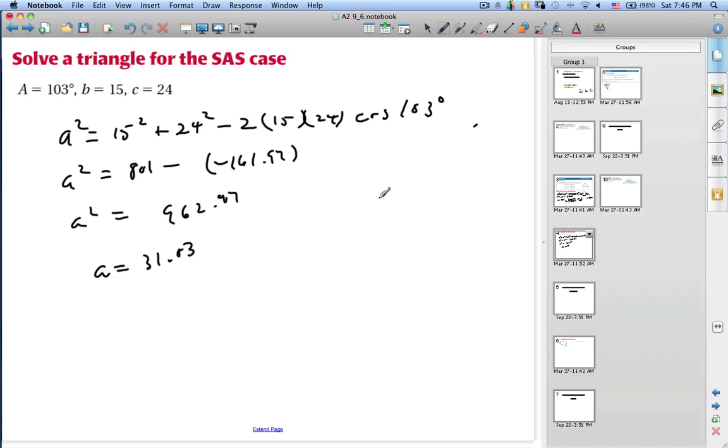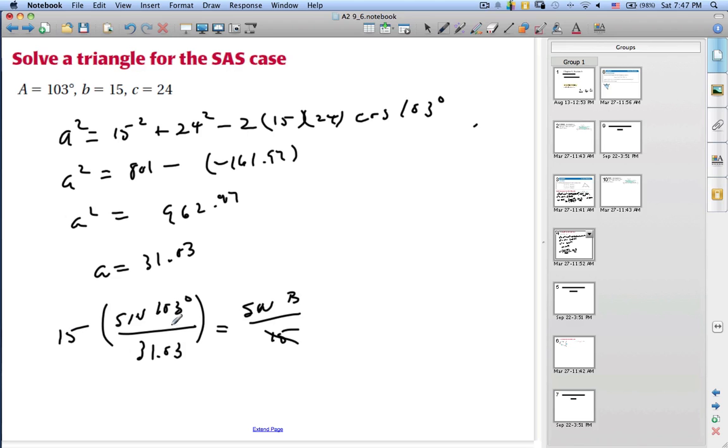So now I've got a side and the angle opposite. So I know that the sine of 103 divided by 31.03 will be equal to the sine of B divided by 15. So again, I multiply both sides by 15.